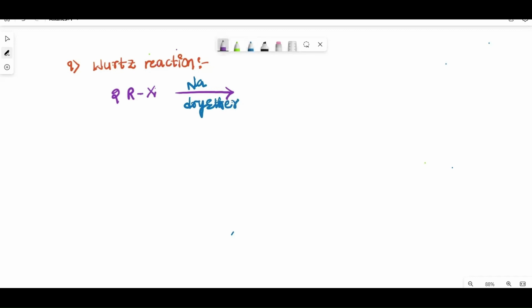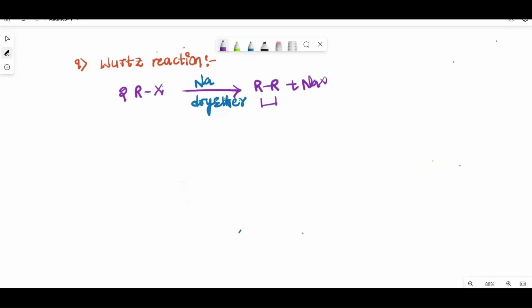We will get alkane R-R plus NaX. Here we will take 2 moles, so we will get R-R. Here you have to remember one thing: we will get only a higher number of carbons. We can't prepare methane from this because we are taking 2 moles.